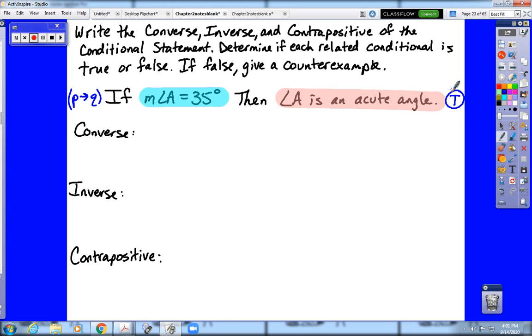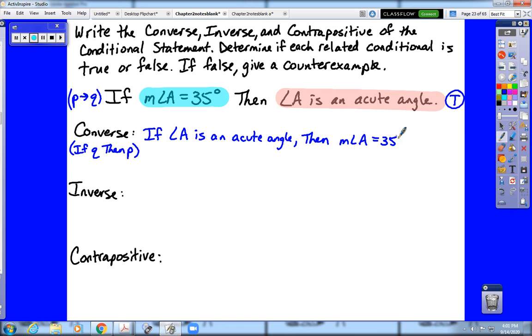So when we write out the converse, remember that the converse is if Q, then P. So when we write this out, all we're doing is switching the blue and pink portions. So we would say if angle A is an acute angle, then the measure of angle A has to be 35 degrees.